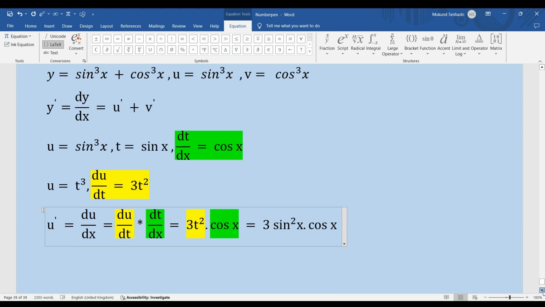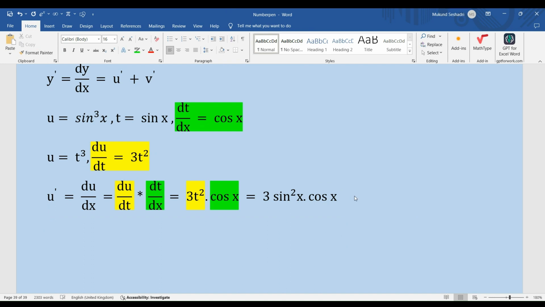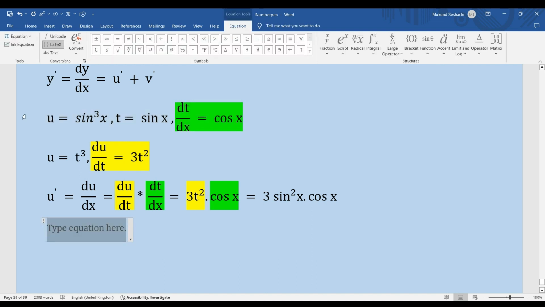Now we move to the next step, and I'm going to repeat the same for v, right? We're going to arrive at v dashed. So let's move to step one. My v equals cos cube of x now. That's my second part of the function. So I have v equals cos cube of x.